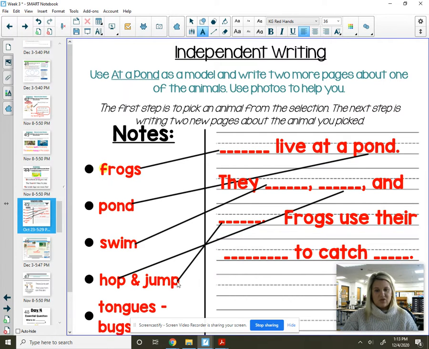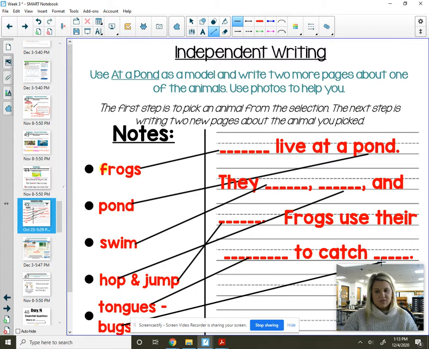I want you to finish that up, using your notes to help you with your writing to catch bugs. So your writing should say, frogs live at a pond. They swim, hop, and jump. Frogs use their tongues to catch bugs.